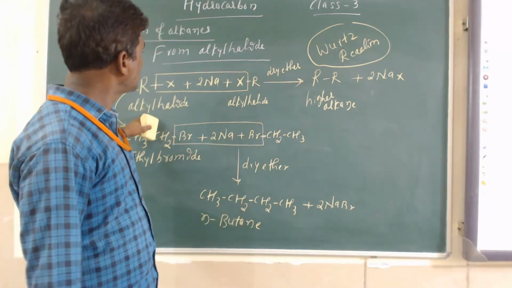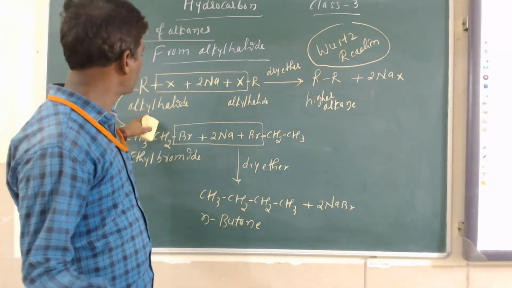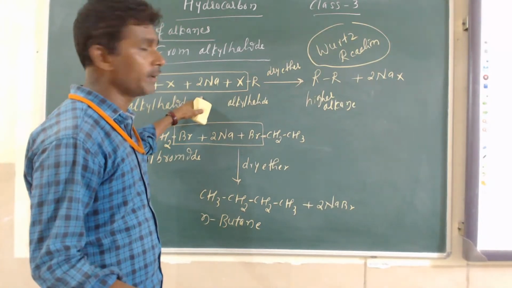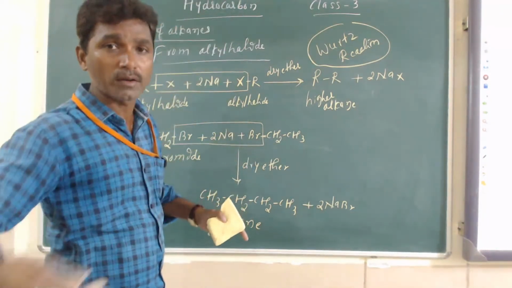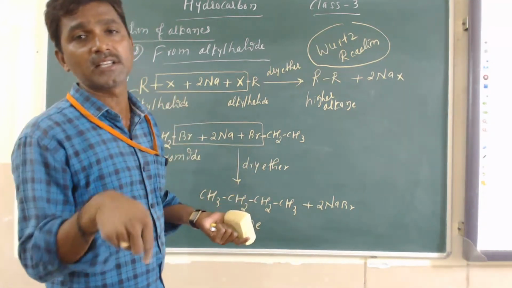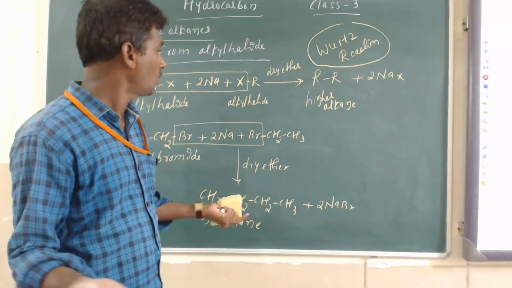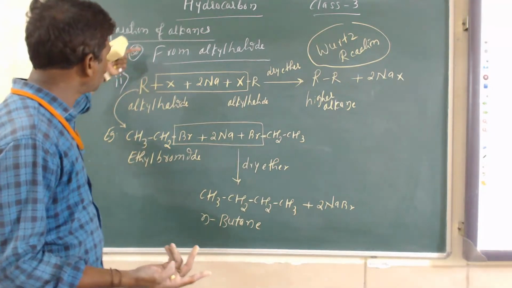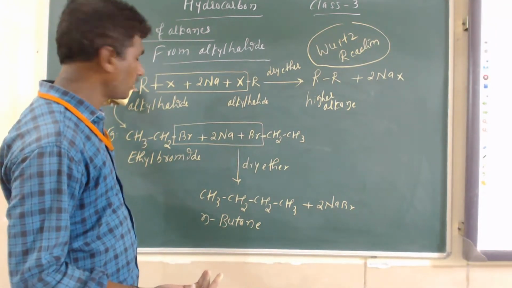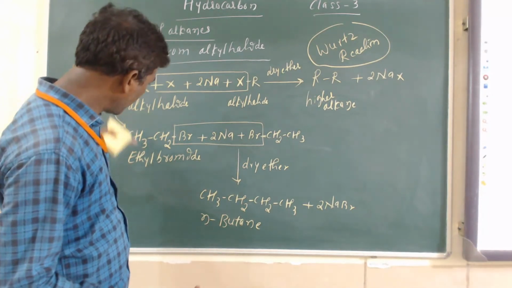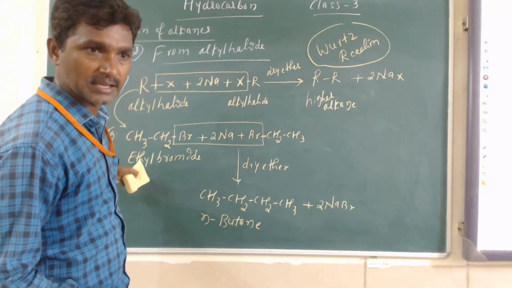So in a multiple choice question, the answer is Wurtz reaction. In a 2 marks question, explain Wurtz reaction with example: first write the general equation, and next write the example.